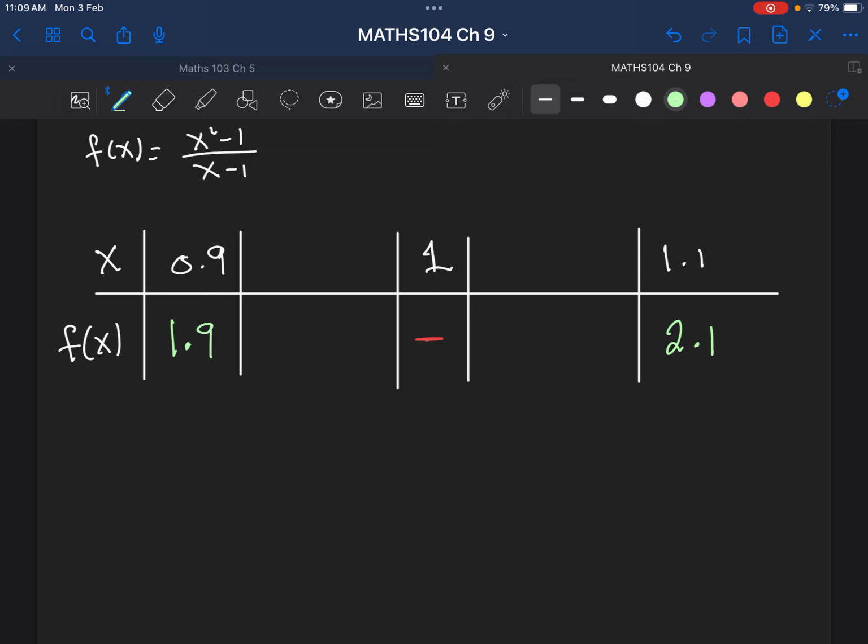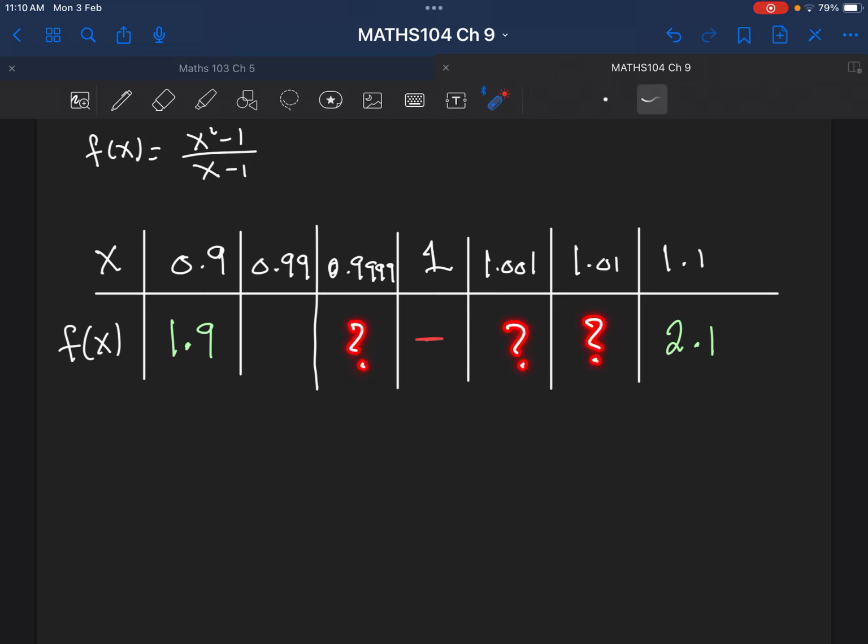Now, let's choose another number that is even closer to 1. 1.1 is close, but maybe 1.01 is even closer. And by the way, 1.001 is even closer and closer. Similarly here, 0.99 is even closer, and if we try 0.9999, with four nines, even closer and closer.